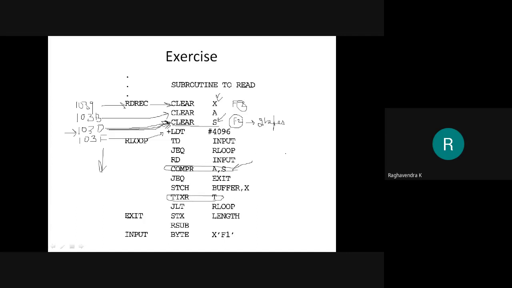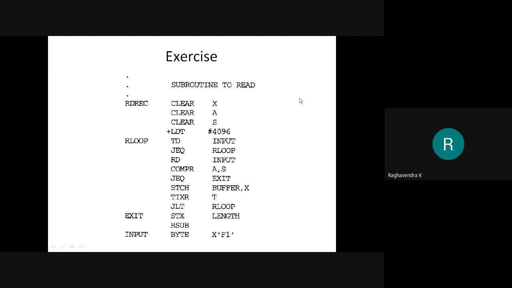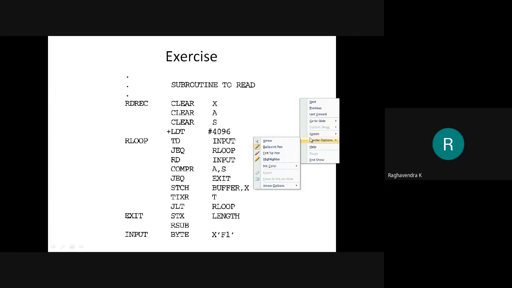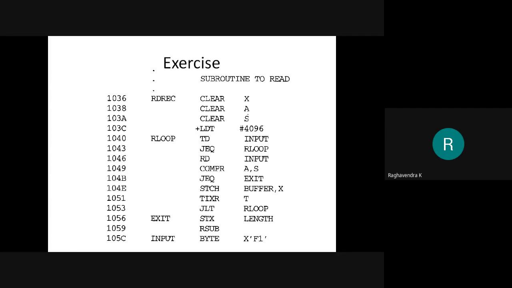Okay, so has everyone tried? I hope you have, because if you have not, you will not learn and you will be losing marks in your internals. I hope you have done this and you have got the following addresses assigned. Just verify.